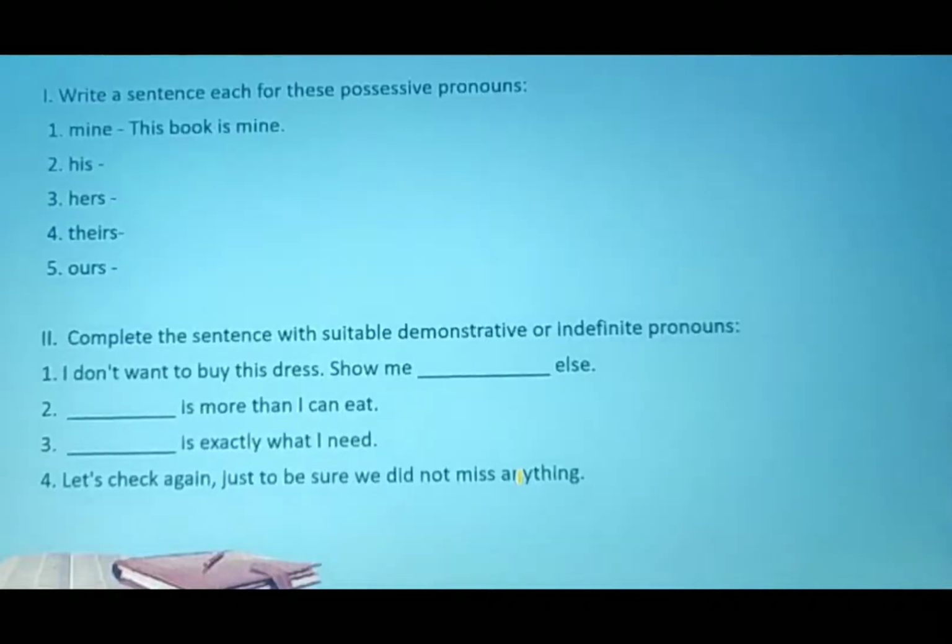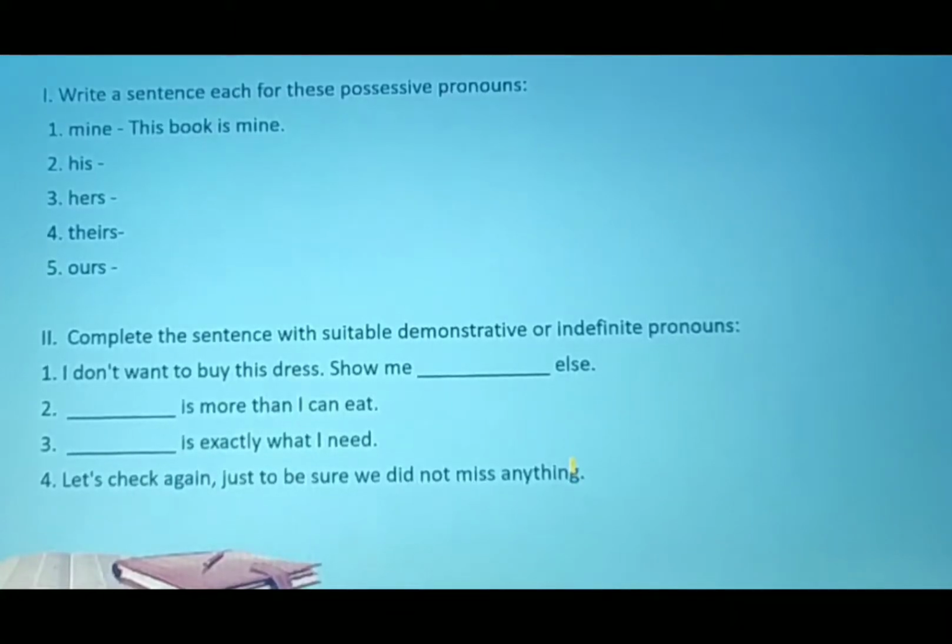So I'm giving you two questions for practice. The first one is, write a sentence each for these possessive pronouns. I've done the first one for you. Mine. This book is mine. Possessive pronouns show ownership, right? So this book is mine. You can write, this dog is mine.